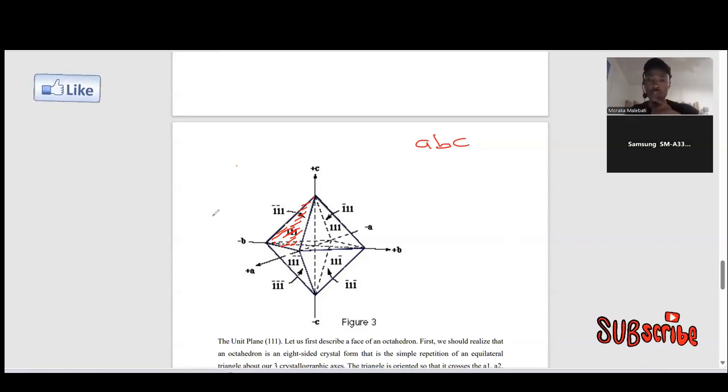So this will be positive A, and the back side will be negative A. Then B is from the right towards the left, so this will be positive and this will be negative, and C is like that.